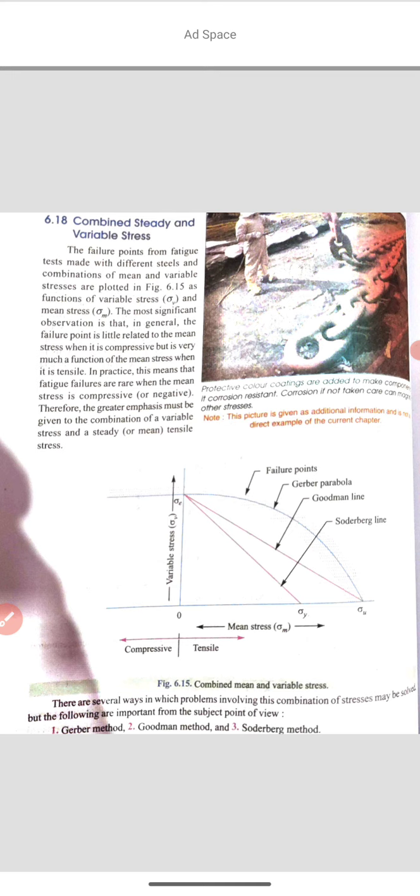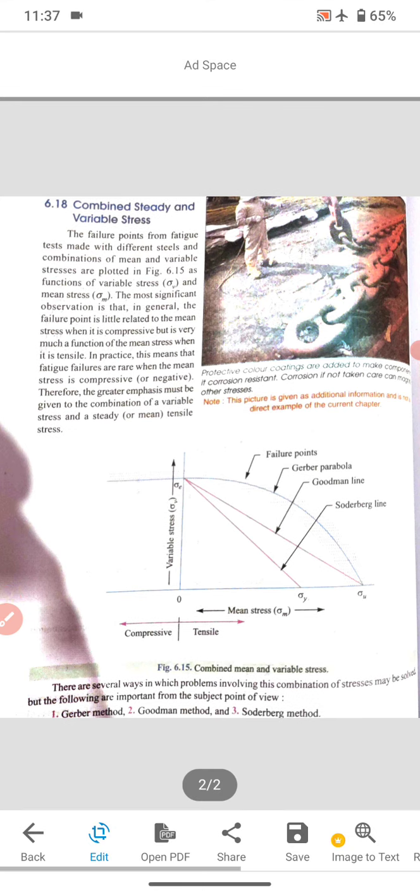On the variable stress axis you may see the point sigma e, and you may see two points, sigma u and sigma y, on the mean stress, that is, the steady stress axis.